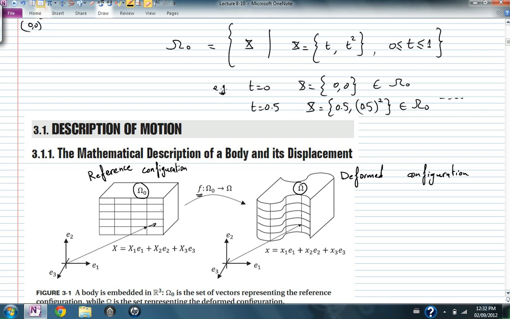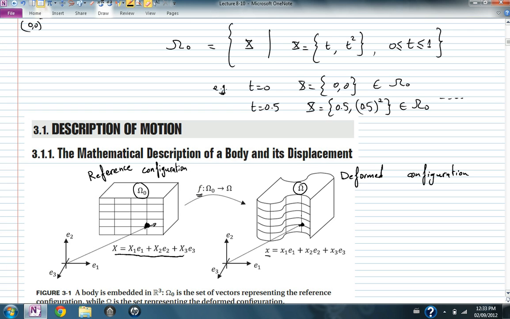And in general, what I'm looking for is a function, a mapping that tells me if this is the point before deformation described by the vector capital X, X is equal to X1 E1 plus X2 E2 plus X3 E3, and the point after deformation is described by a new vector called small x, which is equal to x1 e1 plus x2 e2 plus x3 e3.